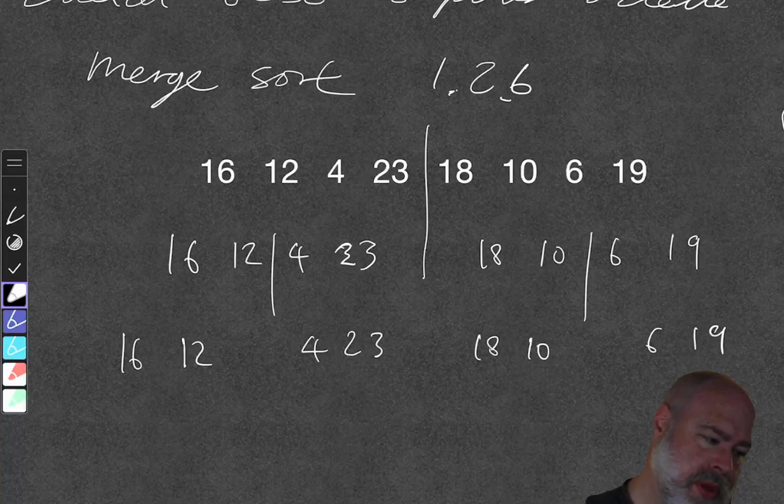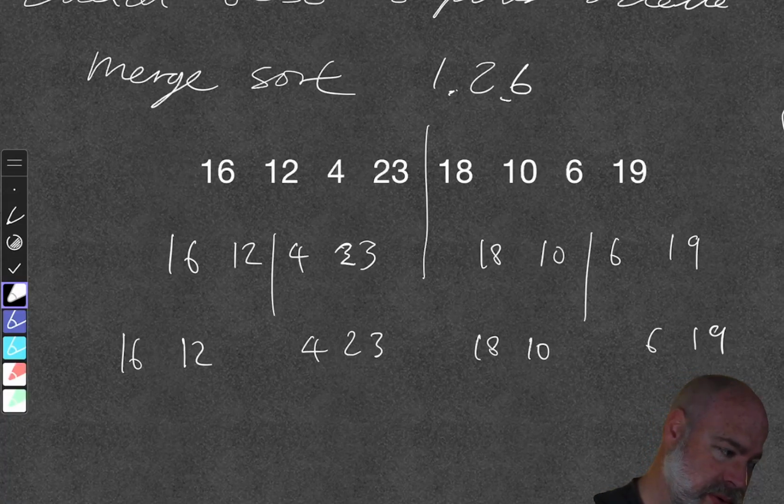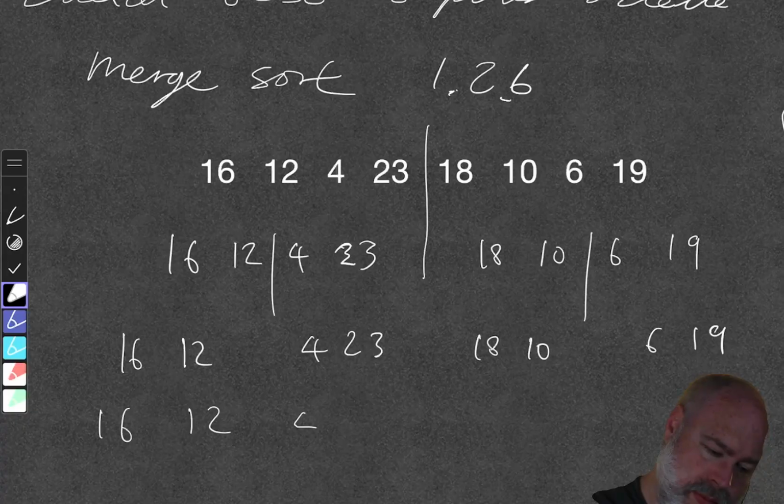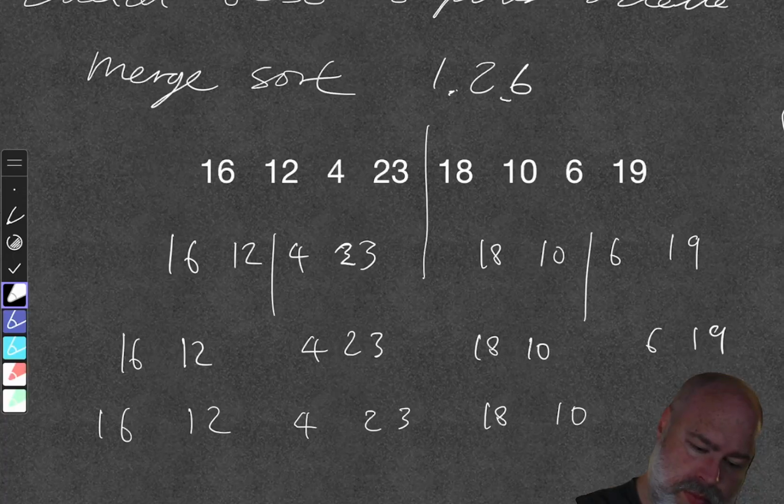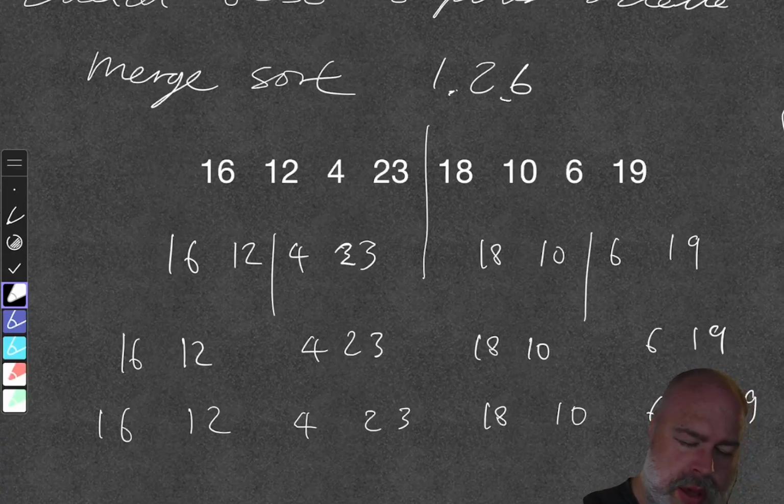And then finally, we're going to have all our numbers on their own. So we're sort of 4 layers deep.